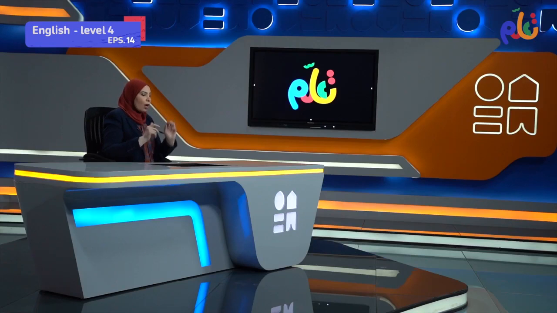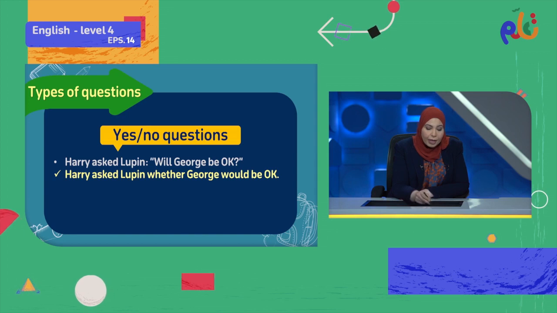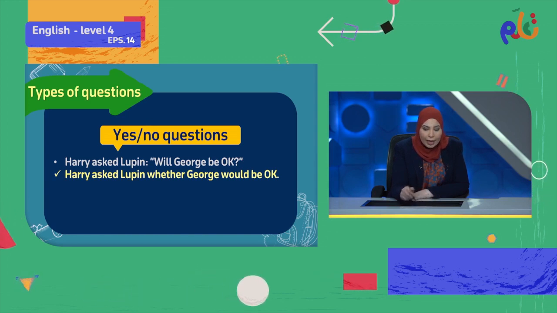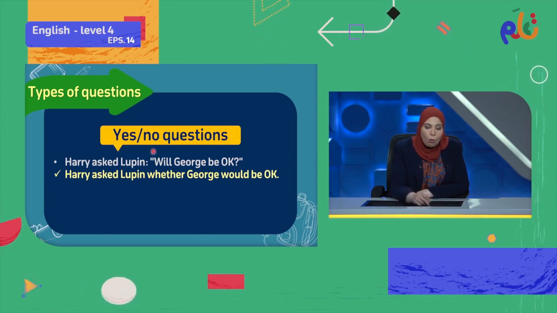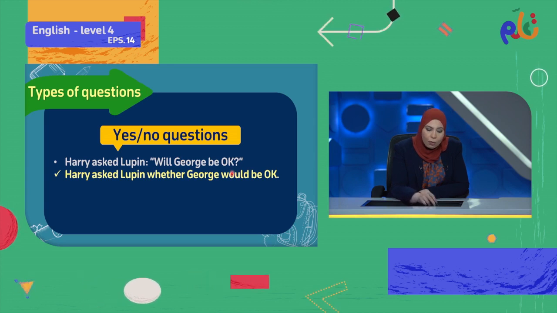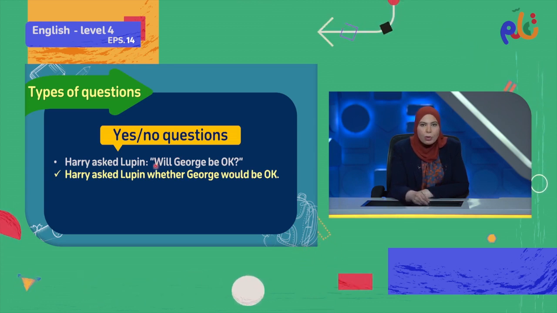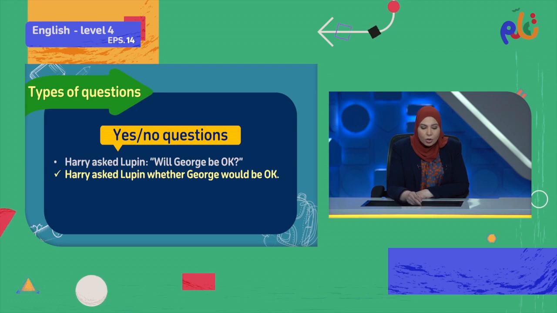So in this case, I'm going to join this second part to the first part and show it as reported speech. Harry asked Lupin, and we're going to remove the colon and the quotation marks, whether George would be okay. So I joined both parts with the word whether.